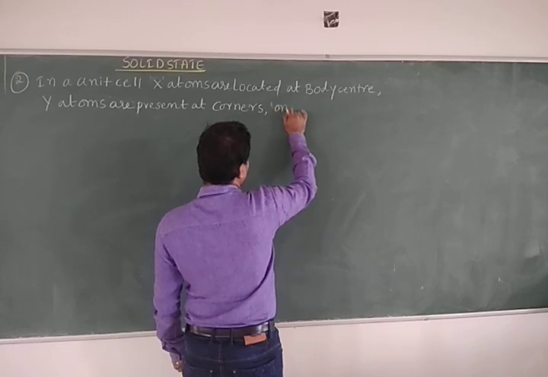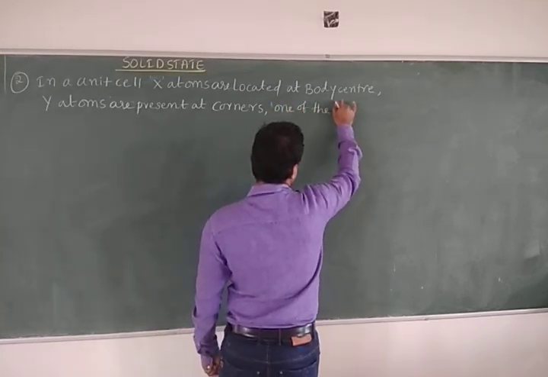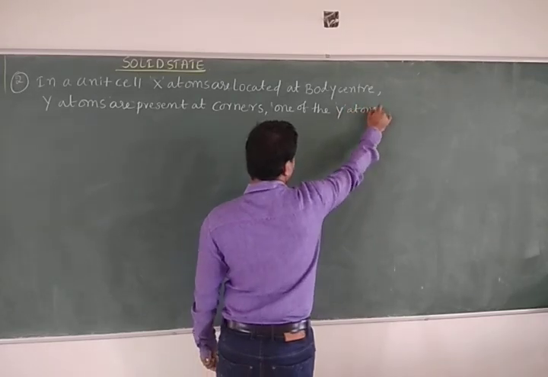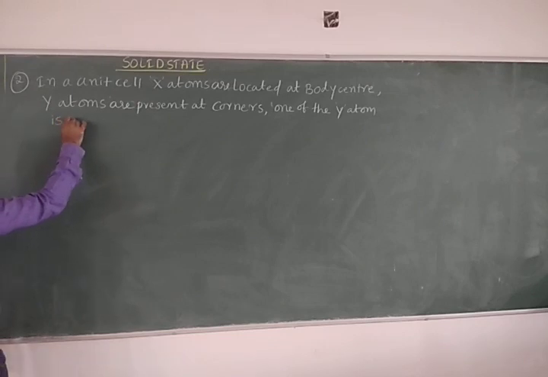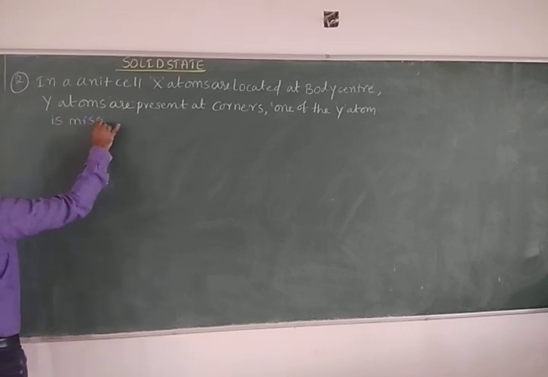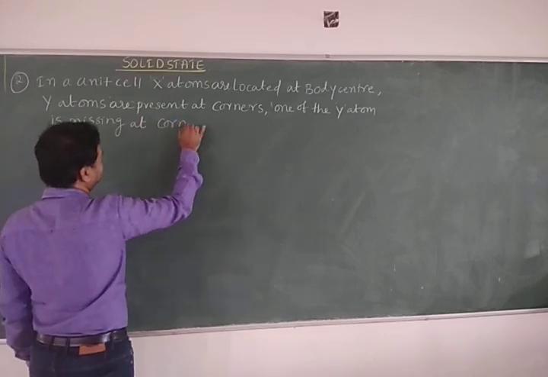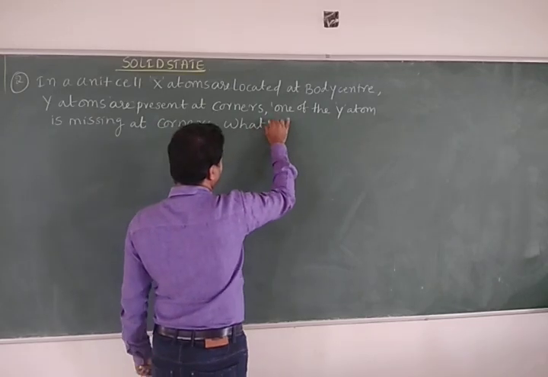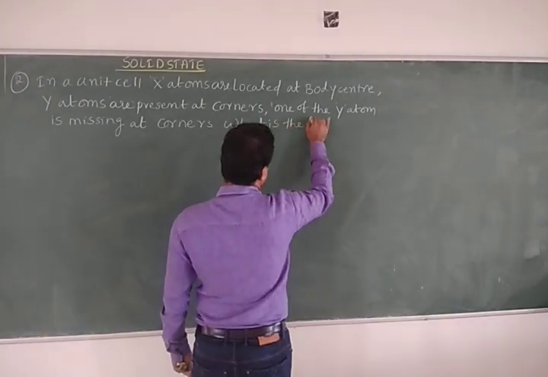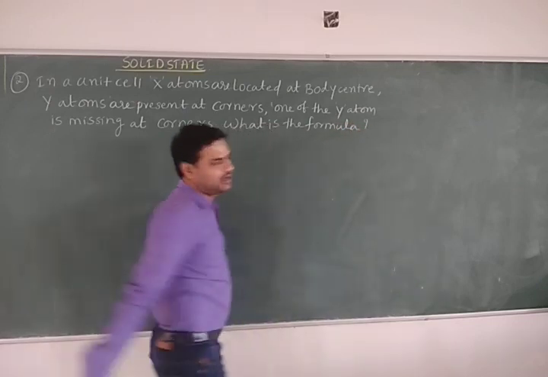One of the Y atoms is missing at the corners. One of the Y atoms is missing at where? Corners. So the question is, what is the formula of the unit cell?